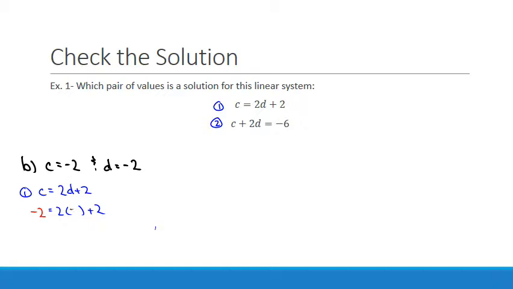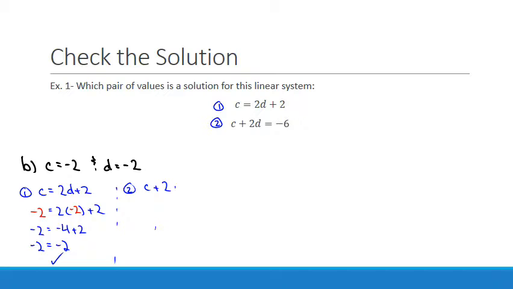My D value is -2. And then now I'm going to crunch the numbers. -2 equals -4 plus 2. Left side -2 is fine. And on the right side, -4 plus 2 is -2. So it checks out with that first line again. So that point does sit on that line. Let's see if it sits on the second line.